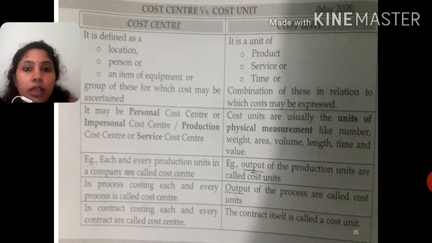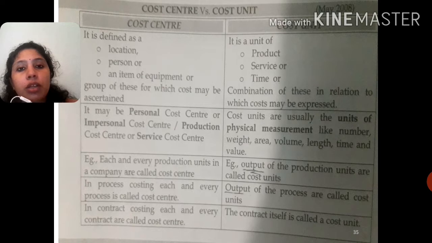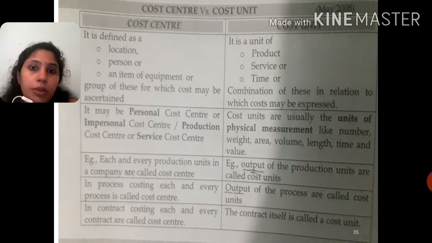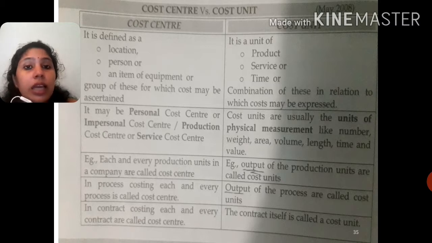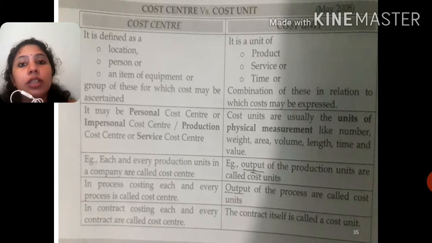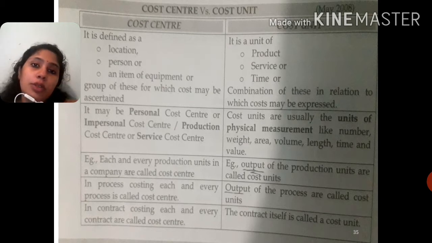In the case of Chandrika, we need to count in numbers. That number is the cost unit. Or one box, and one box contains 12 numbers of Chandrika soap. So here box is a cost unit, and numbers is also a cost unit.